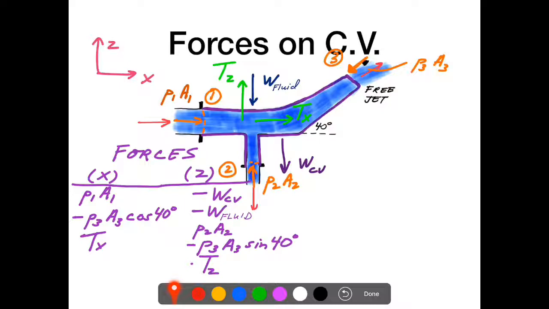That's the vertical component of that P3A3 force. And then we're assuming this Tz is going to be positive in the upward direction. So that's this one here. Again, the P3 would go away if we have a free jet, but I left it in there because sometimes you do have a pressurized section that involves some angles, so that's how you would do those.